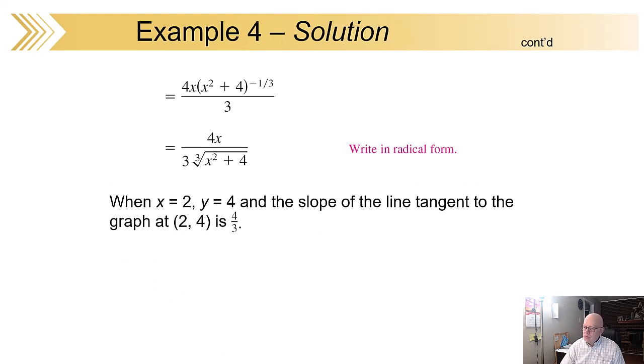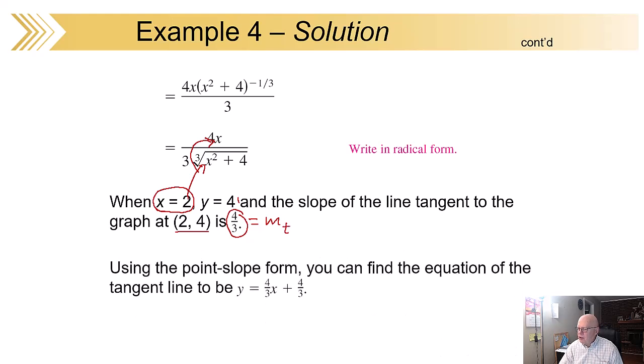Now, we want it at x equals 2, so we put 2 in our original formula. We find y equals 4 is the one that goes along with it. The point we're interested in is 2, 4. And we found the slope for 2, 4 by putting the 2 where those x's are and evaluating it. We get 4/3. That is the slope of our tangent line.